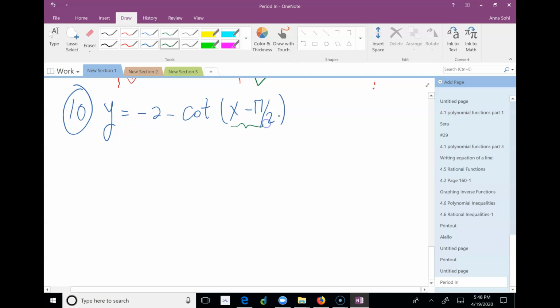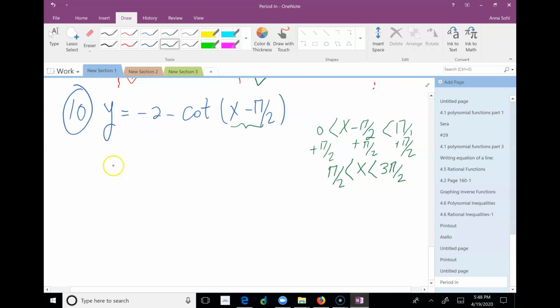For 1 period of cotan, we have asymptotes at 0 and pi. If you look again at the first question, you have x minus pi over 2 between 0 and pi. Then you solve for x. Again, that's for 1 period. X is between pi over 2 and, if you get a common denominator and add, 3 pi over 2.